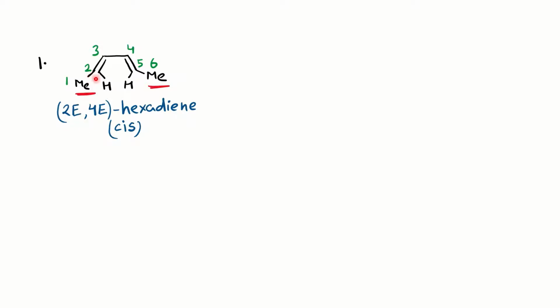So 2E means at 2 carbon, you can notice the position of hydrogen at 2 carbon and 3 carbon is opposite to each other, means it is trans. So 2E, and similarly for 4 carbon, the position of hydrogen is opposite, means this is also a trans double bond. So 2E,4E, hexa means 6 carbon, and 2 double bonds, so diene, 2E,4E-hexadiene. So this is the name of this molecule.